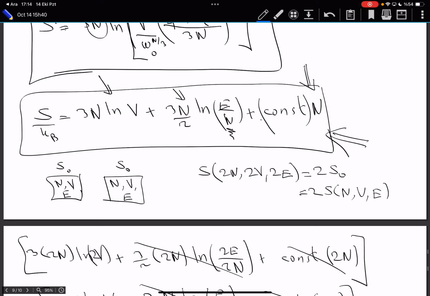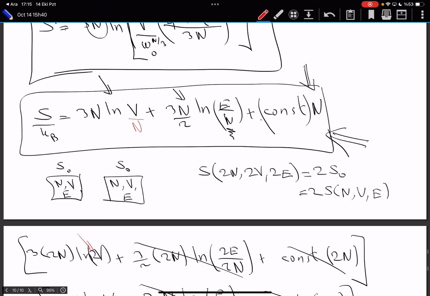But if you look at this term, it's not an extensive quantity. Because for that term to be extensive, I have to divide V by N. If instead of just V inside the logarithm, I had V over N, if I double the system, V would be doubled, N would have been doubled, V over N would have been the same, so there wouldn't be this factor 2 over there.